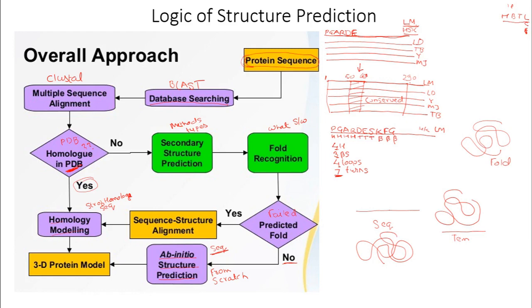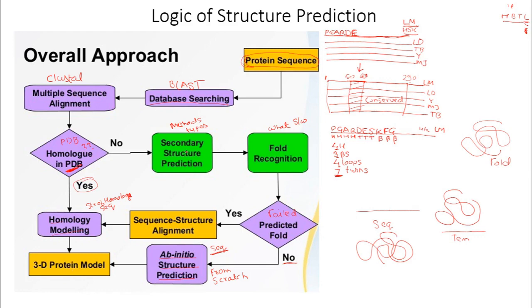So this is the overall protocol for you to understand what method is to be implemented in what condition. If you clearly find a homolog in the given database, you go for homology modeling. If you don't find a homolog in PDB, you proceed to secondary structure prediction, then you perform fold recognition. If you are successful in identifying a fold, you can use that fold as a template, perform comparative modeling and generate the 3D structure of a model.